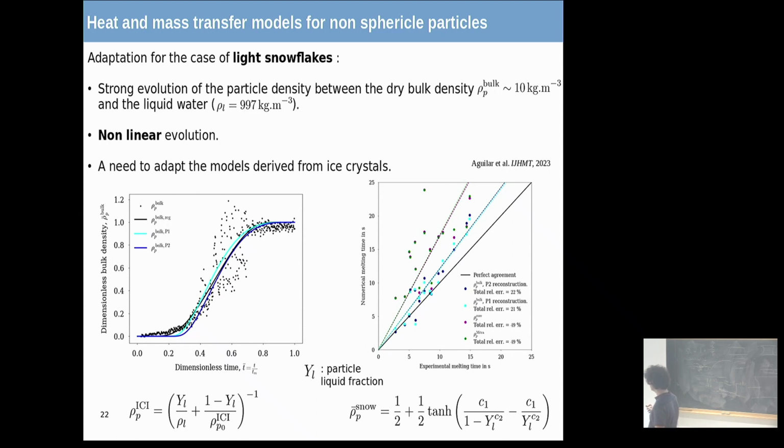The results were quite bad, because we measured the evolution of this bulk density, assuming equivalency with a spheroid, and we see that we have to correct the density of snow, with a sharper increase near the inflection point between the fully glaciated and fully melted parts. Here we have to adapt a law.